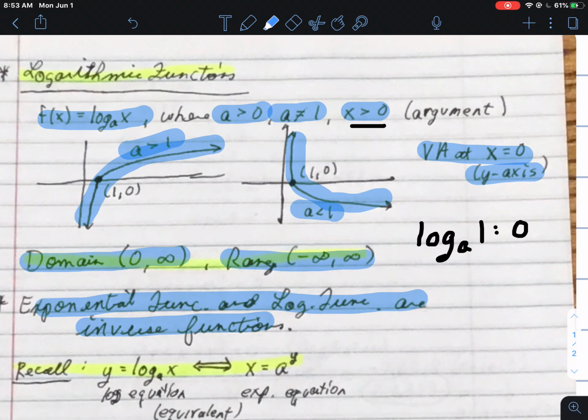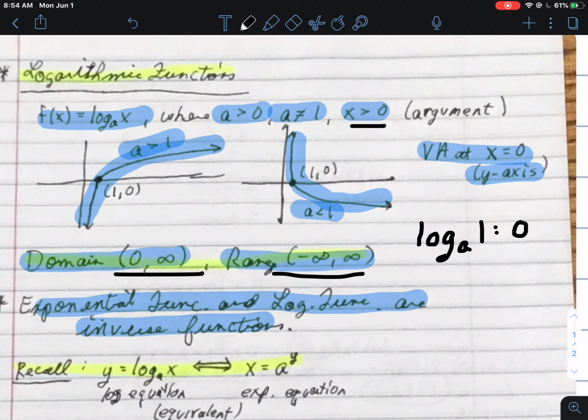So whatever the domain and range are for exponential functions, the domain and range for log functions just get reversed from that. If we go back to our exponential function, remember the domain was all real numbers? Well, that's the range of our log function. The range of the exponential function was 0 to infinity, which matches up with the domain of our log function.